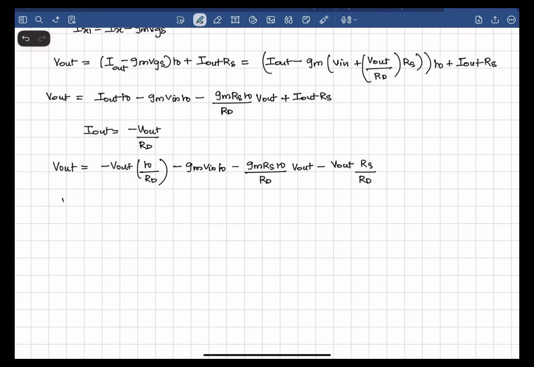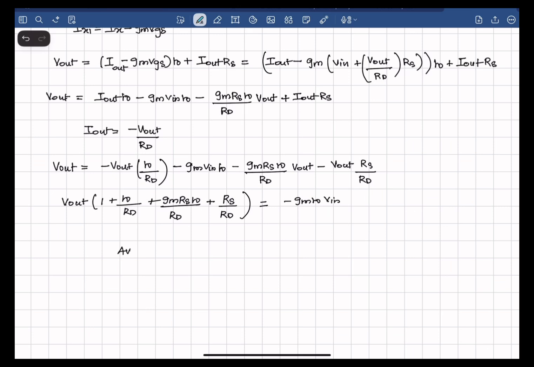By separating the Vout and Vin terms, I get (1 plus Ro divided by RD plus Gm Rs Ro divided by RD plus Rs divided by RD) Vout is equal to minus Gm Ro into Vin.